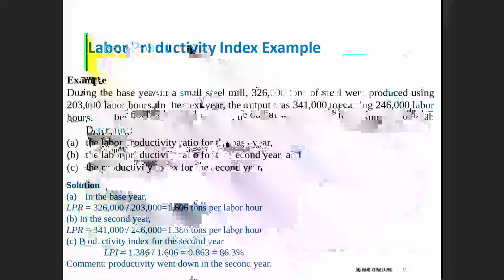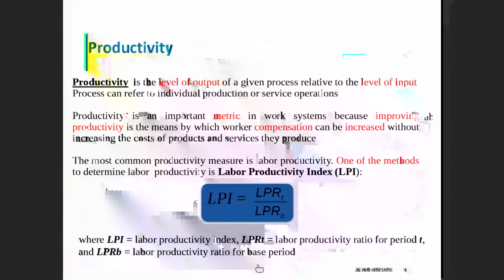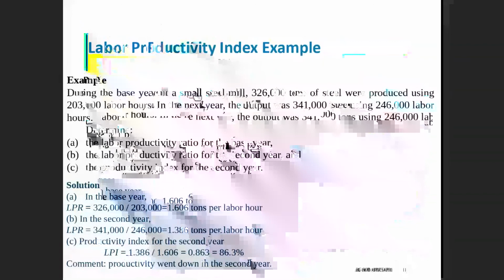We want the ratio because remember, here we are dealing with ratio. We're not dealing with quantity, not with tons and hours separately. It is tons per hour, like kilometers per hour. So it has to be a ratio, a rate that changes between variables.